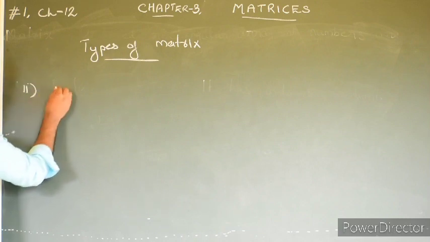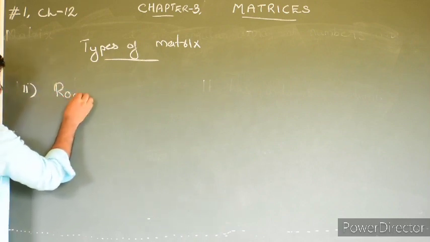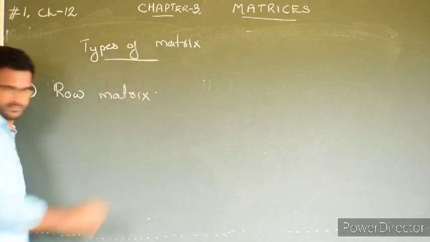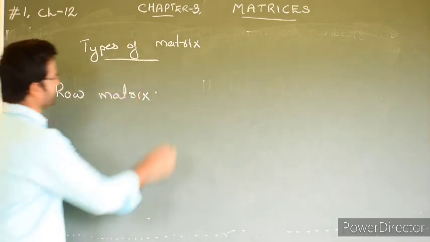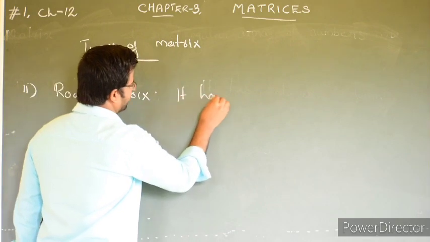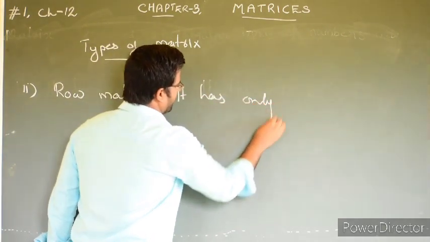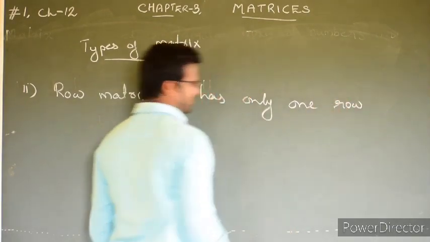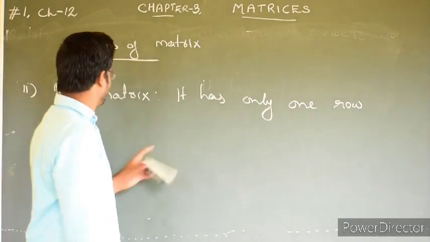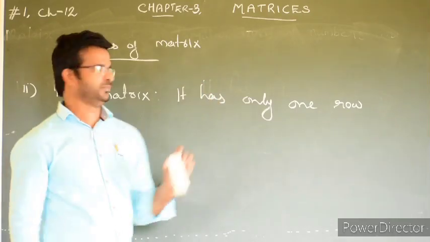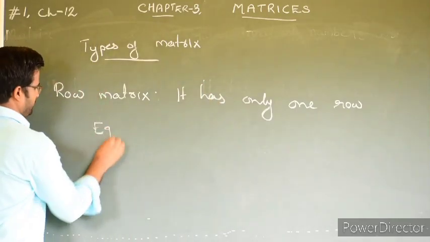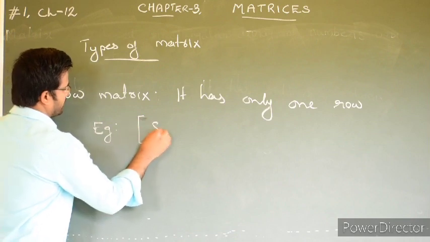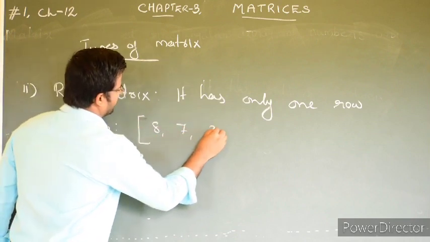Second type, row matrix. It has only 1 row, same as the column matrix. Row matrix means it has only 1 row. You can see one example: 8, 7, 3.